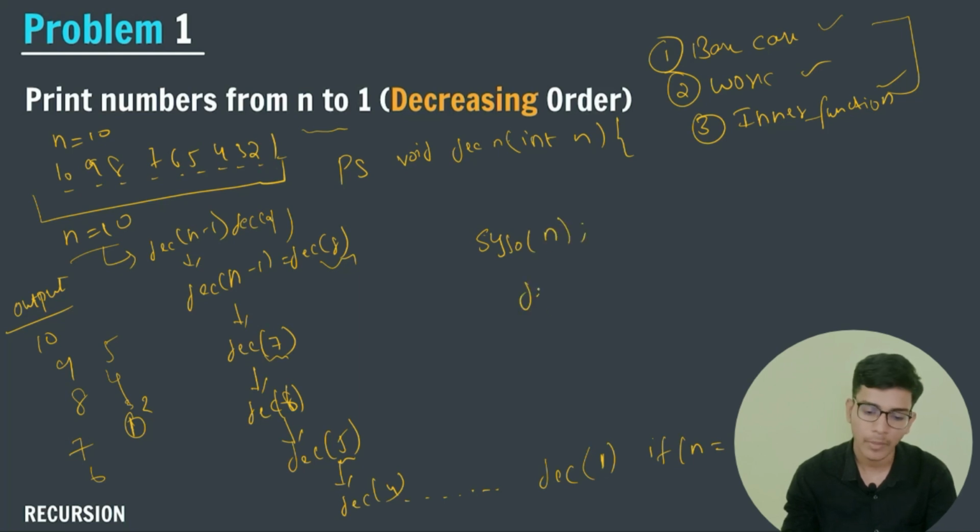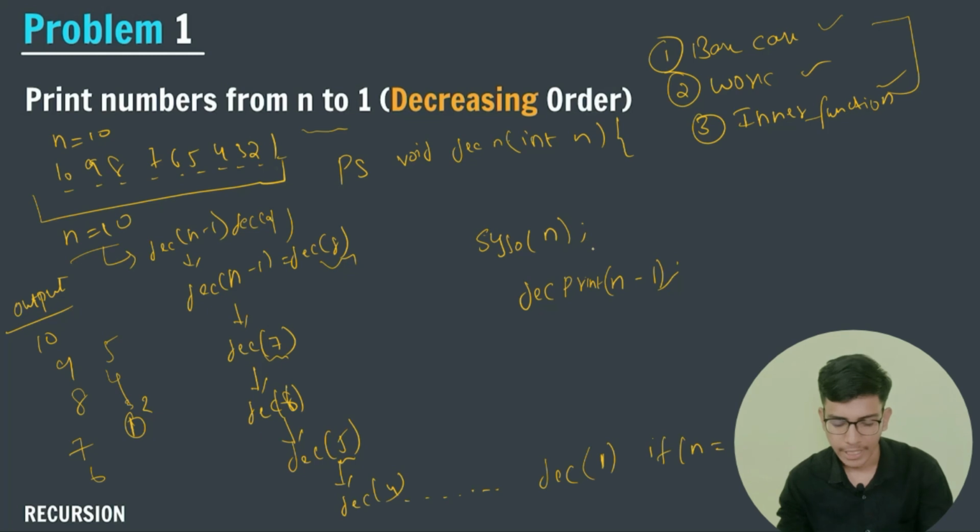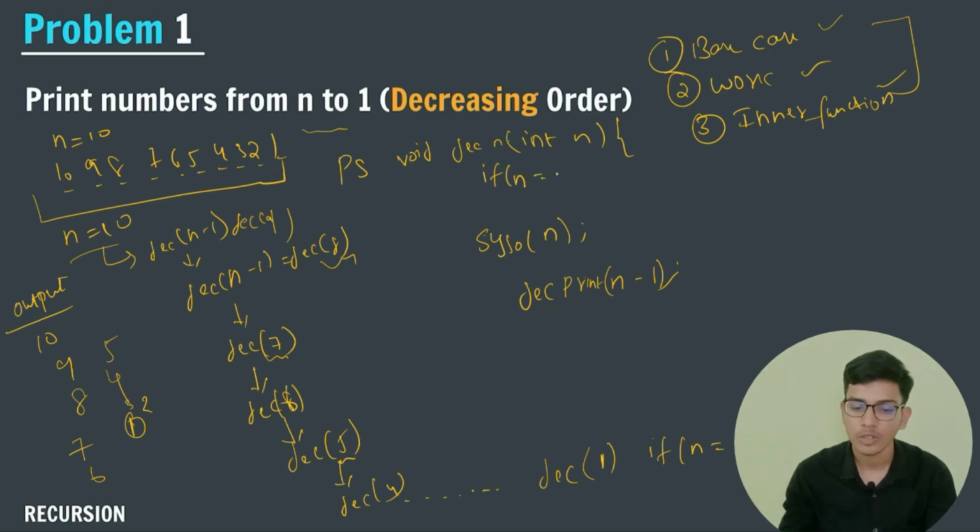After that, I will call my dec print function, which is my function name, with n minus 1. The base case here is: if my n is equal to 1, then simply print the value of n, and after that simply return and come out of my program.